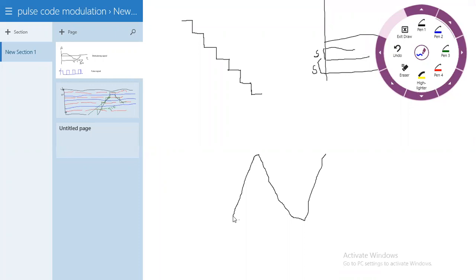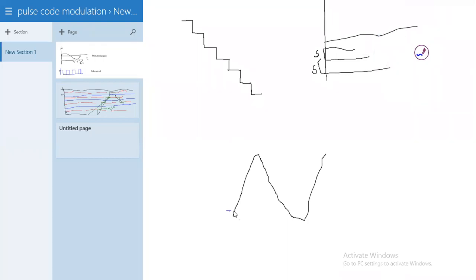In uniform, I will start here from this one. Here the quantization level is less compared to that modulating signal. So that's why here I will draw. Again it stays Ts seconds, and I will draw again a step, equal, uniform, and then it stays Ts.